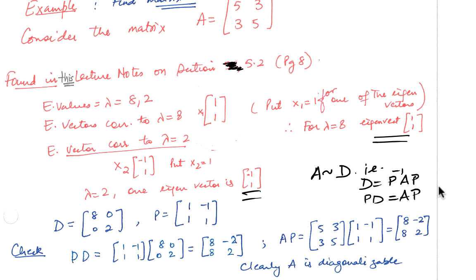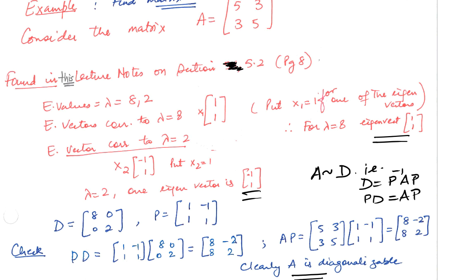That's what we have to prove. If I'm asked to find the matrix which diagonalizes A, get the eigenvalues, get the corresponding eigenvectors, and then simply do this little matrix multiplication and prove that they are equal. That's what we do. We check P times D, we get this matrix. We do A times P, we get this matrix. Clearly, A is diagonalizable.